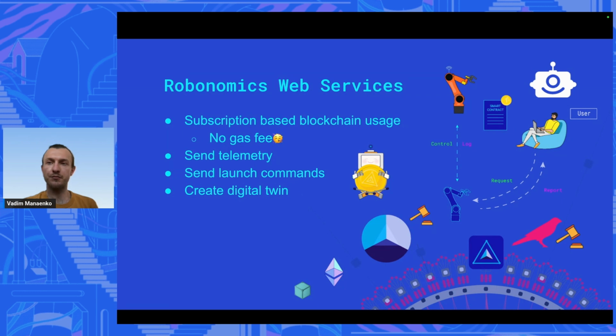It's meant for launching some service in the real world. For example, to turn something on and off, or to give some commands to your robot, or to turn your lights on, whatever you want. And you can create a digital shadow, a digital twin in the blockchain, in a structure where you can store different, let's say, leaves of the tree of your real physical system. That's the basic functionality that Robonomics provides.